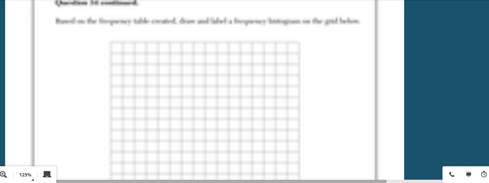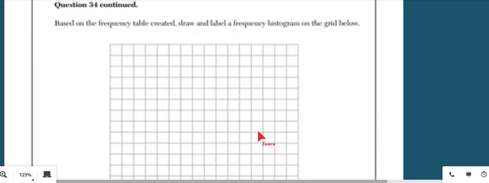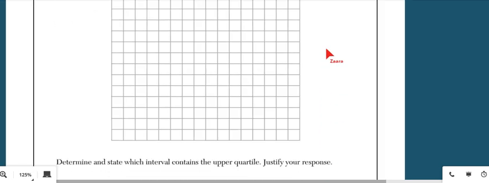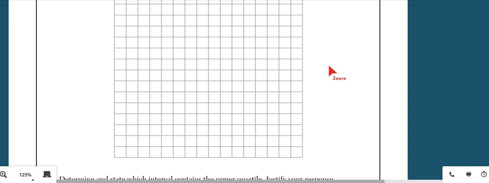Let's scroll down to the next question. What it says is, based on the frequency table that you created above, draw and label the frequency histogram. Okay, we have to make a histogram. So what is the criteria? We will just highlight an interval, the interval ranges.